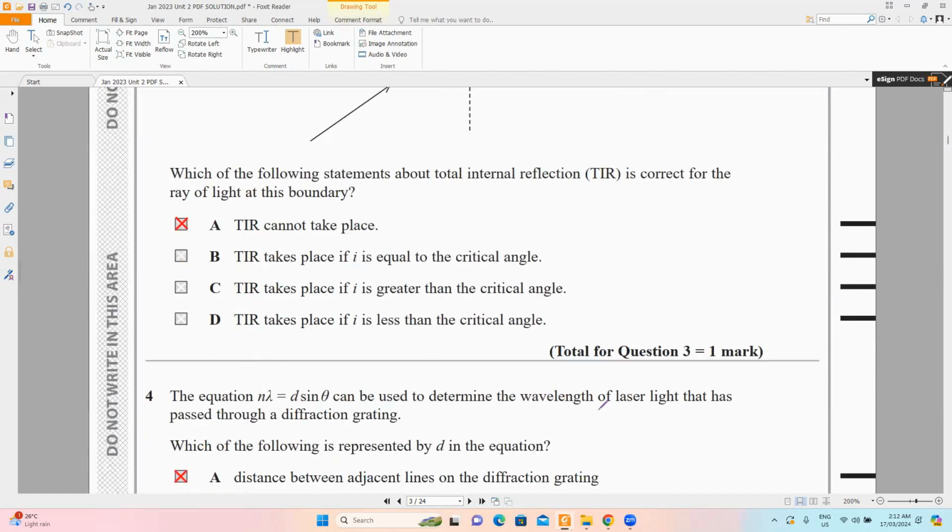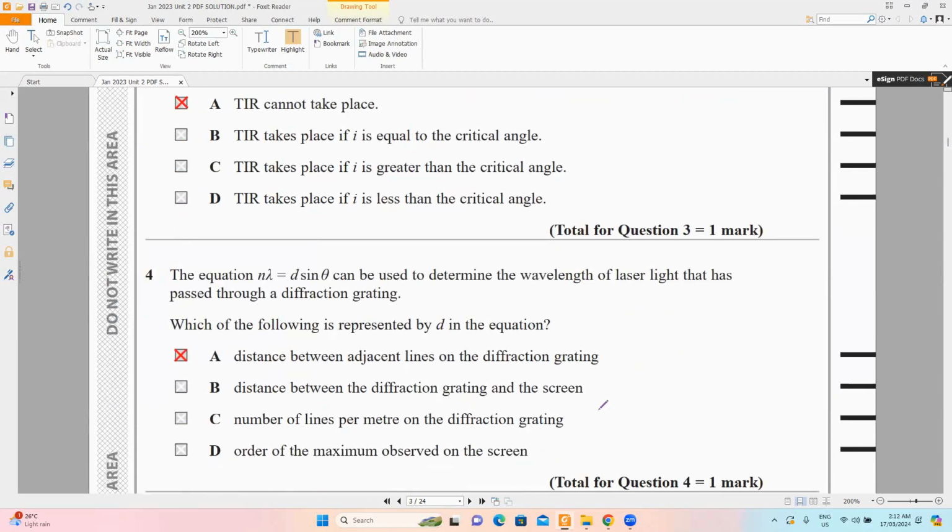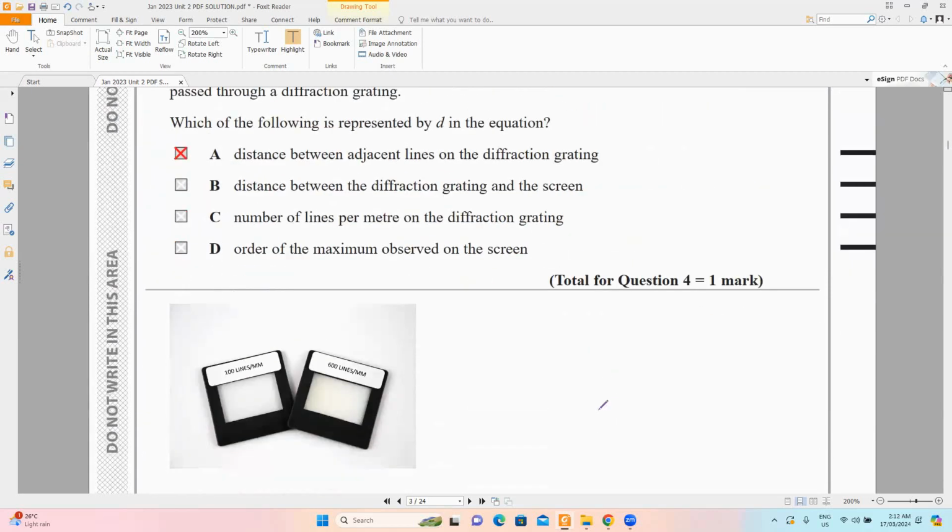The equation n lambda equals d sine theta can be used to determine the wavelength of laser light that has passed through a diffraction grating. Which of the following is represented by d in the equation? Let's take a look at two diffraction gratings. Of course I cannot draw 100 lines in 1 millimeter, so this is not to scale.